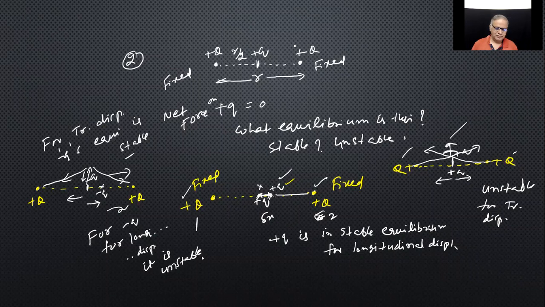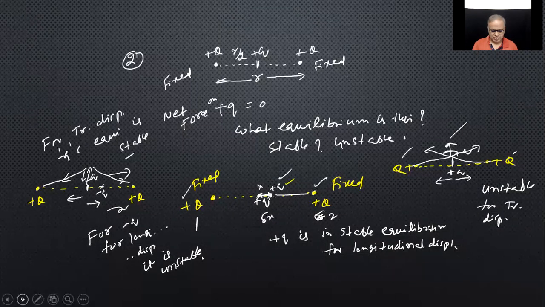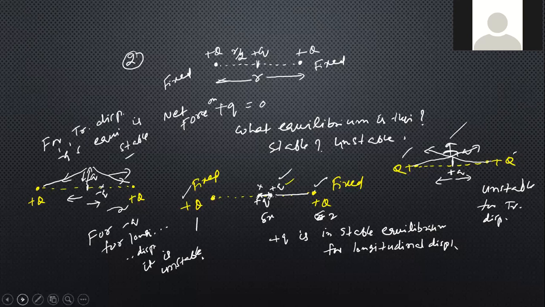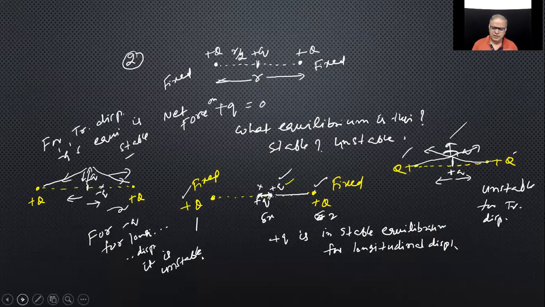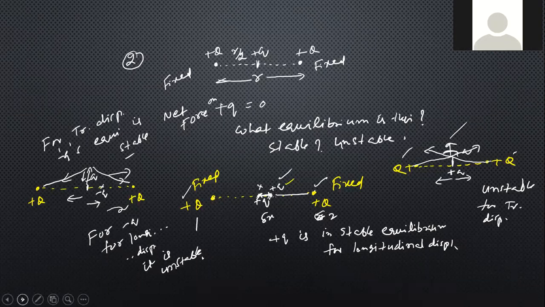Sir, in the fourth case, does the minus Q charge oscillate vertically? Yeah. In all these cases, oscillation is happening. It all depends on how much and how you move it.